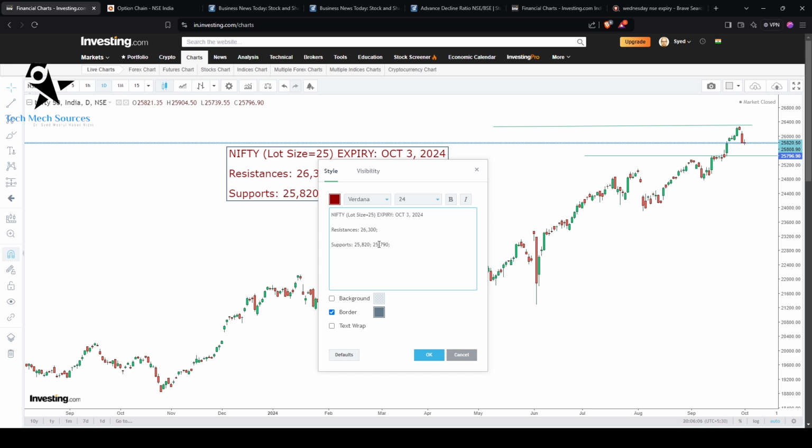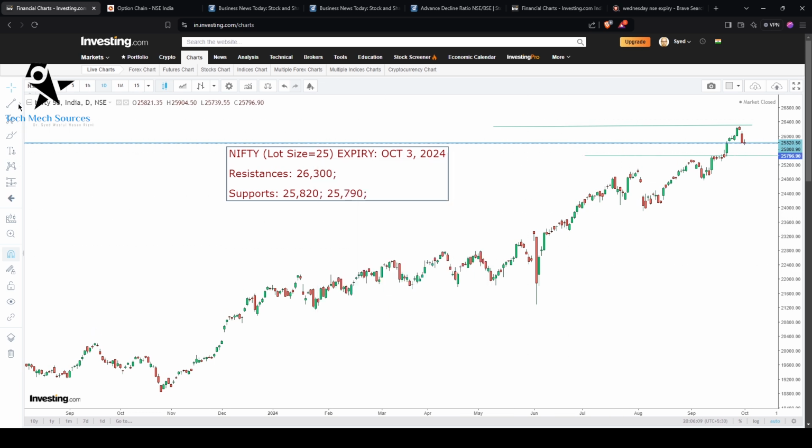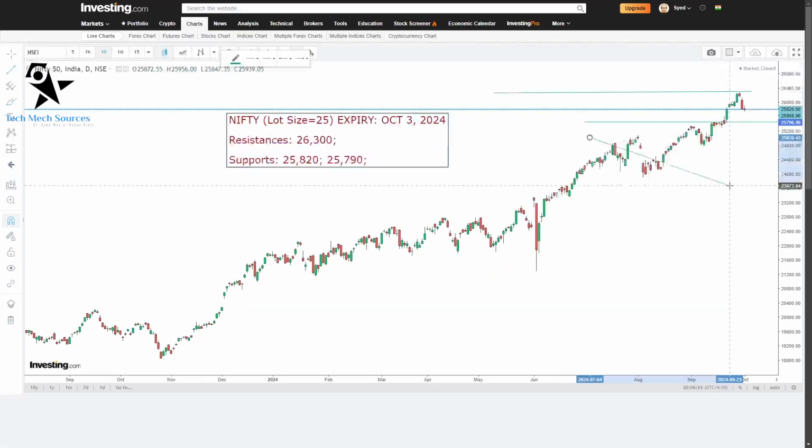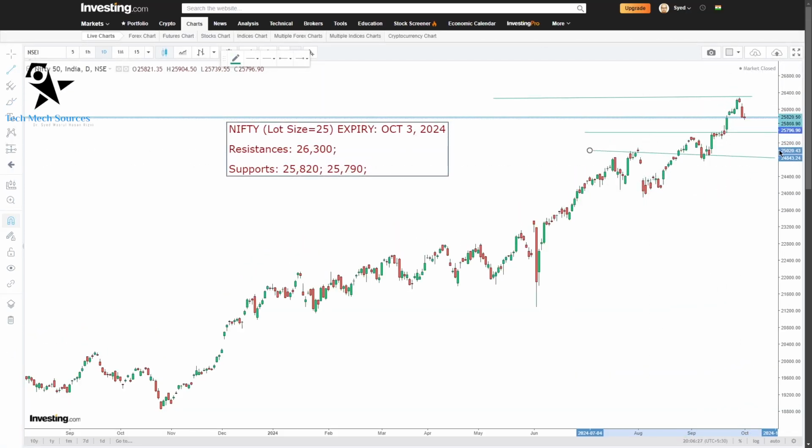And then there is another support which we should talk about here, which is evident here. You can also plot these things on in.investing.com, as you can see. So if we can plot this support here, this is another support, though not a very big support, but still a substantial one.